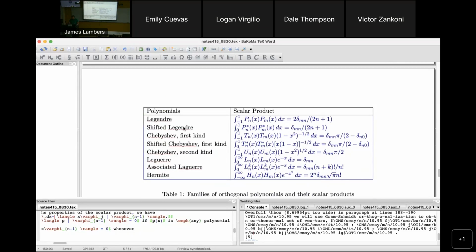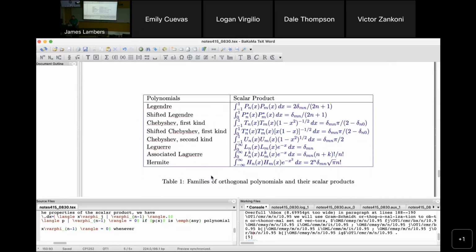So I mentioned one family of orthogonal polynomials, Legendre, and also shifted Legendre. Here are several families of orthogonal polynomials. And what you can see over here in the right column are which intervals they're orthogonal on, and if there's a weight function involved. So for instance, Legendre polynomials, there's no weight function, or there's an applied weight function of 1.